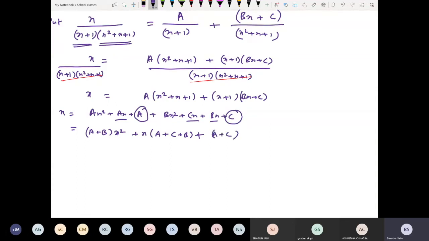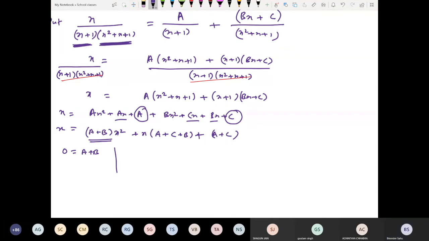So comparing the coefficient of x square, here it is 0 and here it is a plus b. Is there any doubt to anyone? This is a new substitution for partial fraction, because here they both are not linear terms, so that's why this is another one.